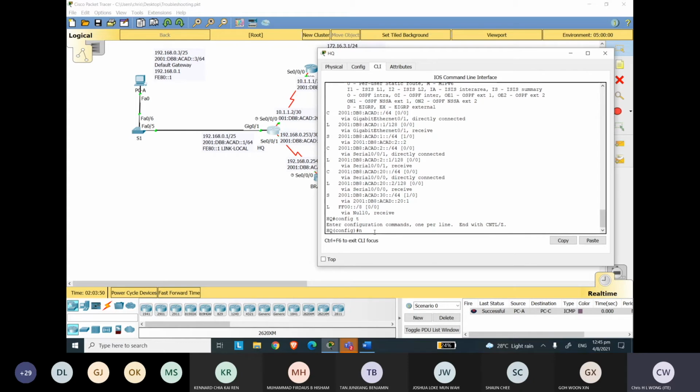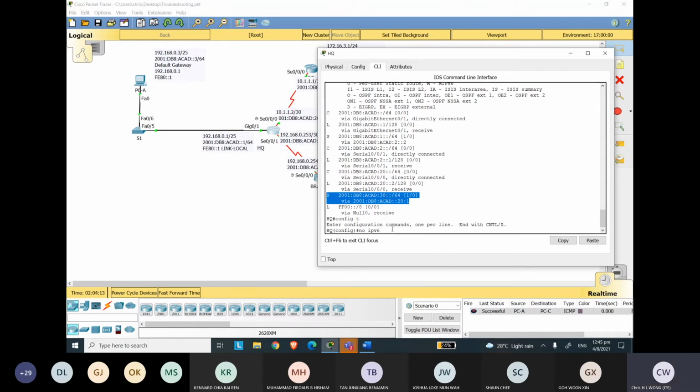No IPv6. Very good, Sean. Continue, please. Wait, which static route was it? I want you to take out this static route because this is wrong. This static route is wrong, so we need to take it out.